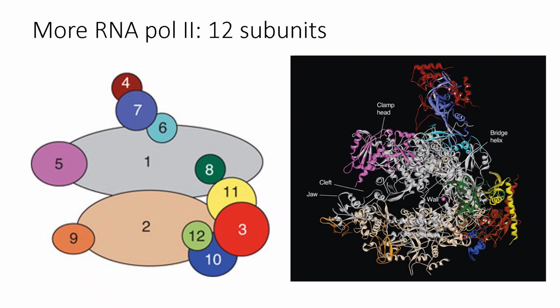RNA polymerase II is composed of 12 individual subunits, each contributing to its complex function. This architecture provides the flexibility and coordination needed to handle intricate tasks such as initiation, elongation, and termination. These subunits work in concert to interact with transcription factors, chromatin, and RNA processing enzymes.